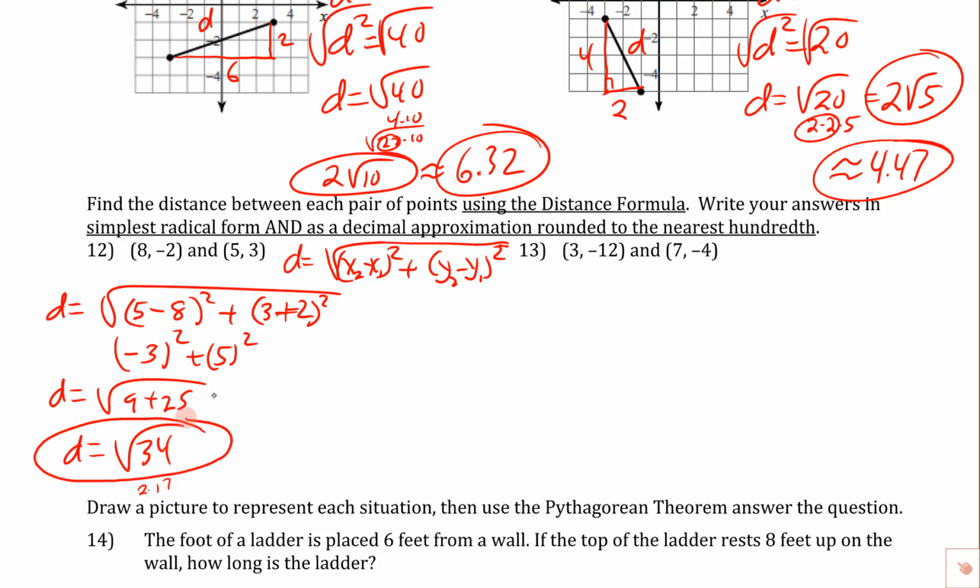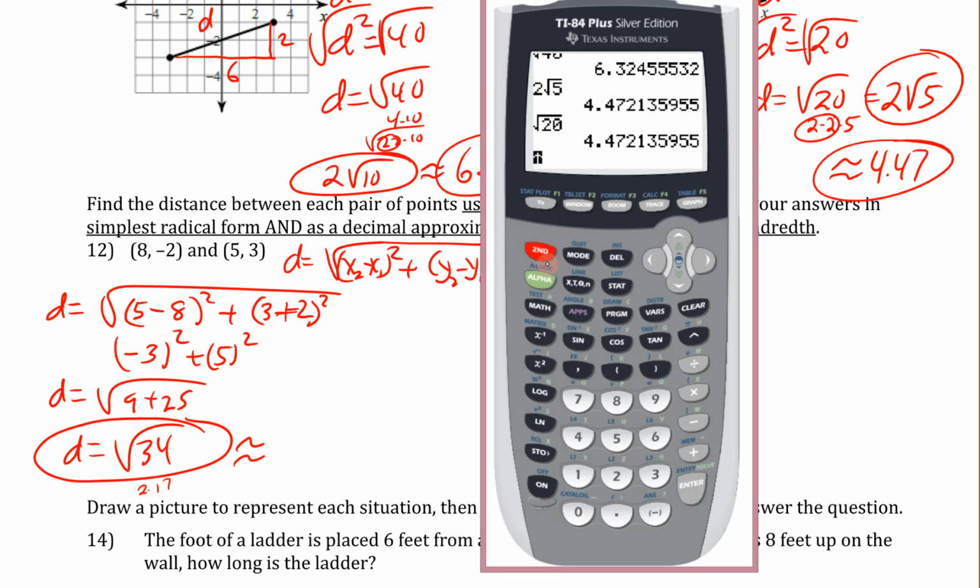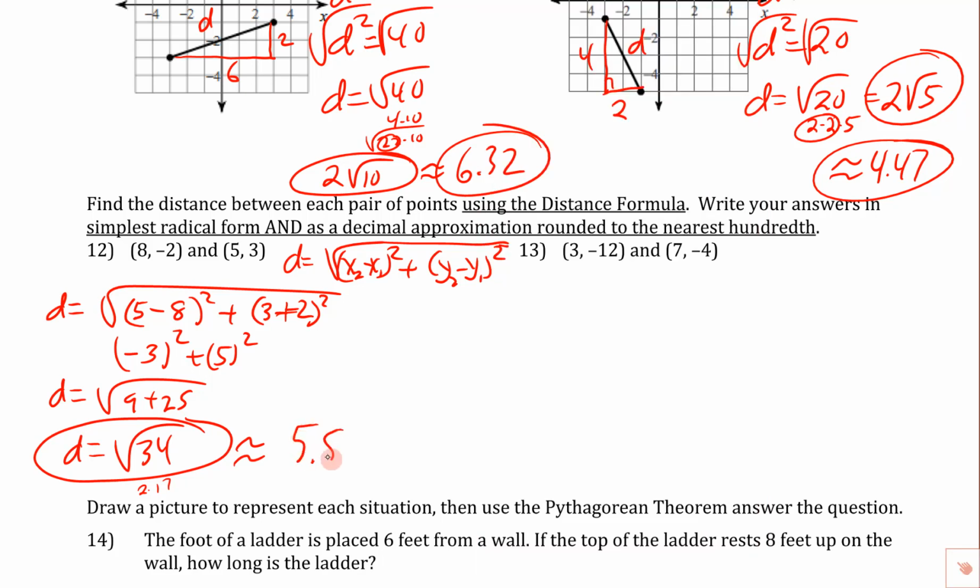So this is the exact answer. Let's throw it in the calculator and get a decimal for that. Square root of 34, and we'll hop outside, hit enter, 5.83. So 5.83, and that doesn't round up either, so 5.83 approximately.